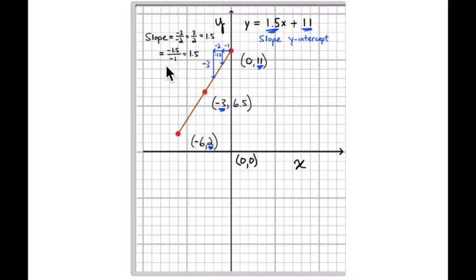On the other hand, I can use a -1 5/10 over -1. So I'm going to go -1 along the x-axis. That's this -1 here, and -1 5/10 along the y-axis. That's this -1 5/10 here. Once again, it's the change in y, how far you're moving along the y-axis, -1 5/10, over the change in x, how far you're moving along the x-axis, -1 unit. So -1 5/10 divided by -1 is equal to a positive 1 5/10. So that all checks.